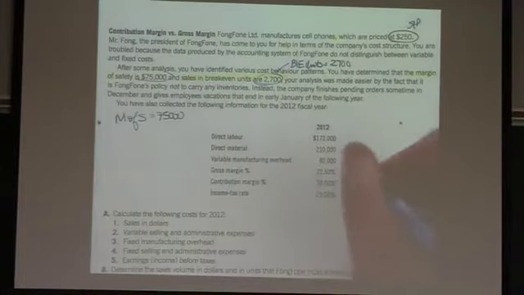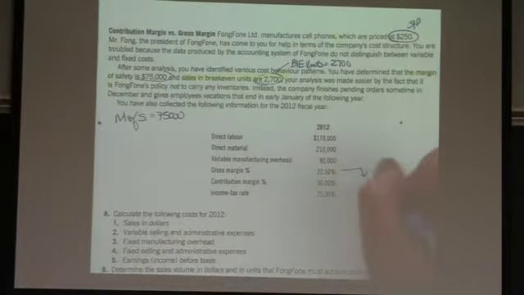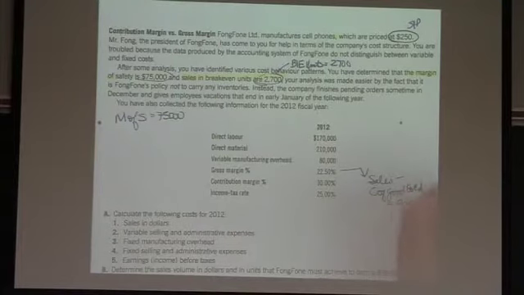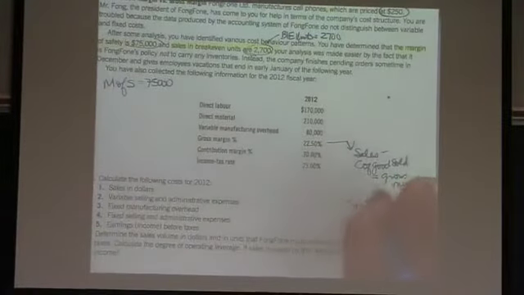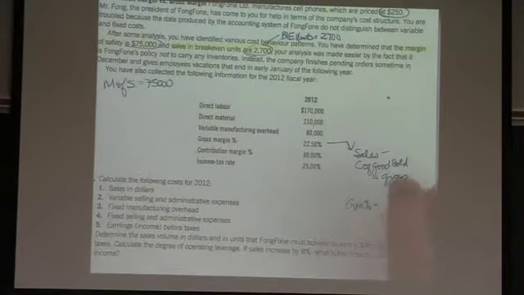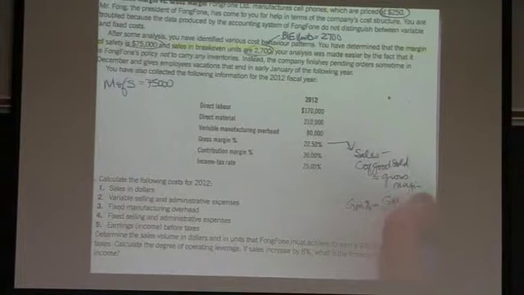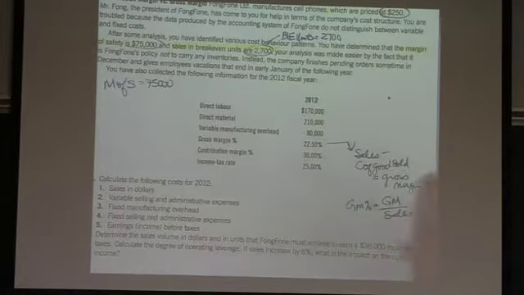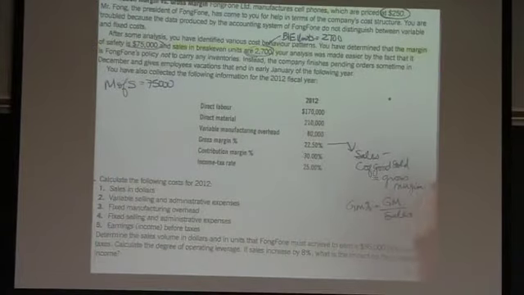Gross margin is sales less cost of goods sold, and gross margin percent is gross margin divided by sales. So that's what gross margin is.